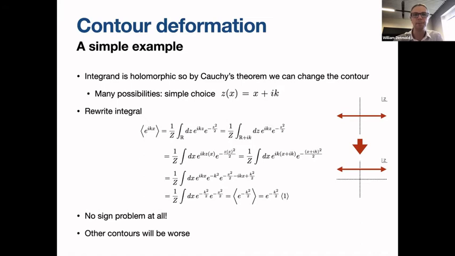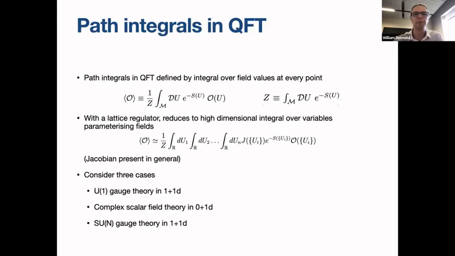Okay, so let's go back to field theory. So as I've said before, our path integrals in quantum field theory are defined by integrals over field values at every point. Those field values define some manifold M. And if I do this with a lattice regulator, this path integral reduces to a very high dimensional integral over the variables that parameterize the field.